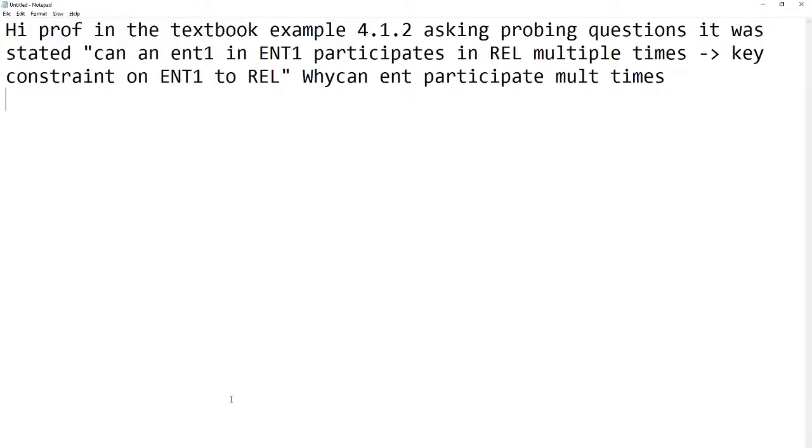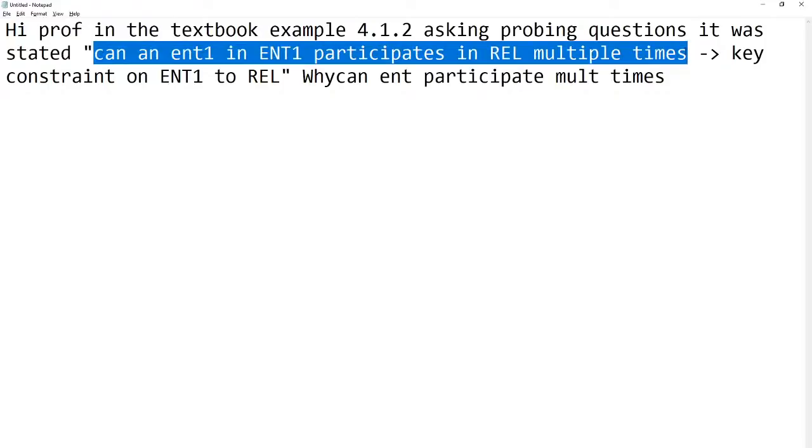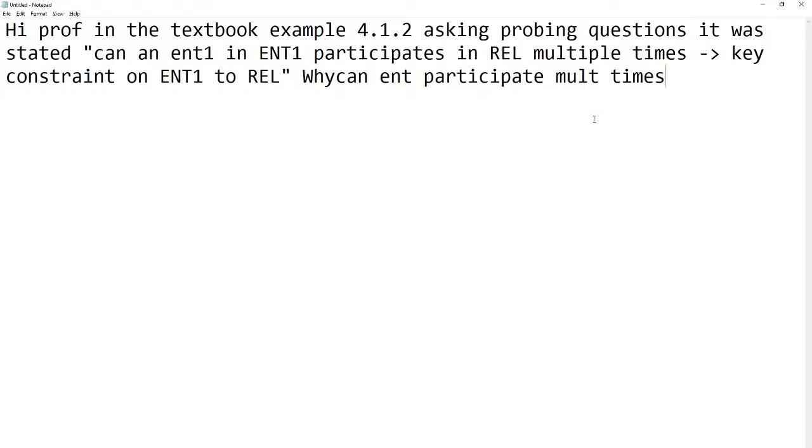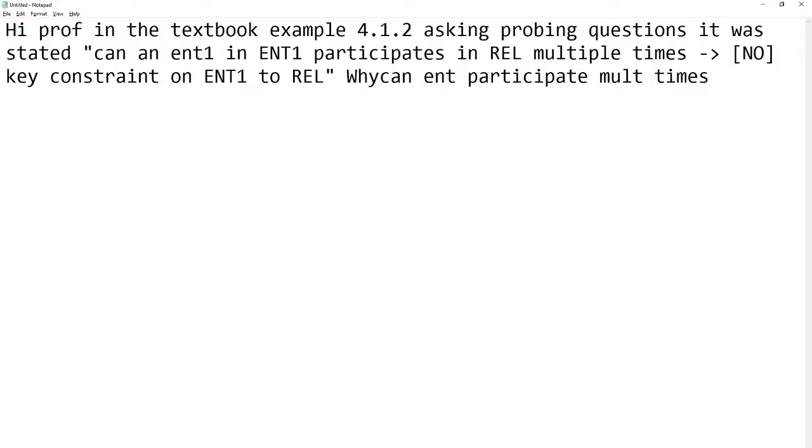Actually, I forgot what's written in the book. But if N1 can participate in rel multiple times, it means that the key constraint is not there. If the answer is no, then there should be a key constraint. If the answer is yes, then there's no key constraint. That should be how it is.